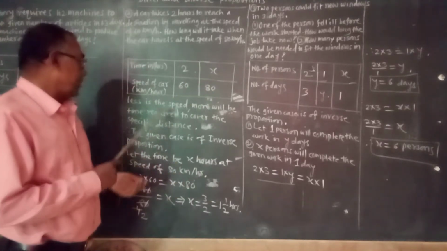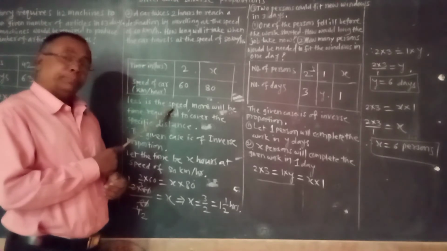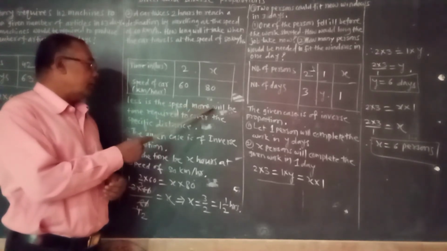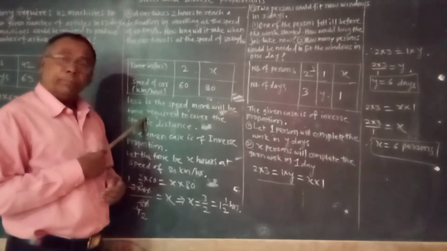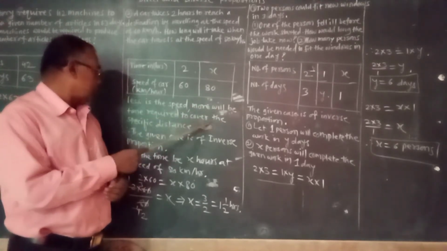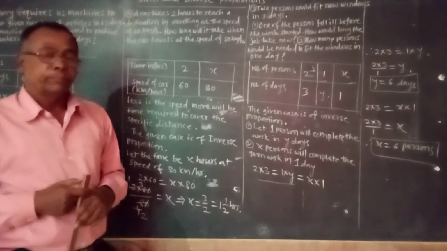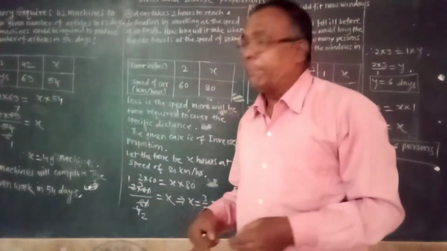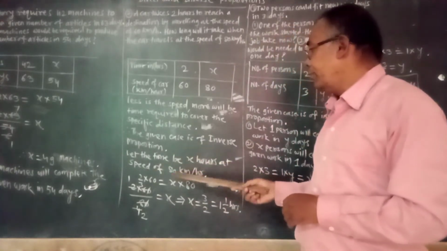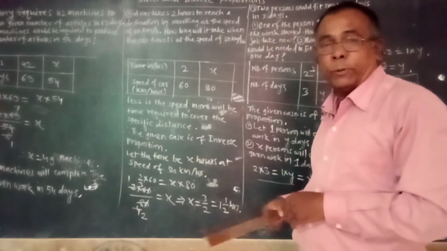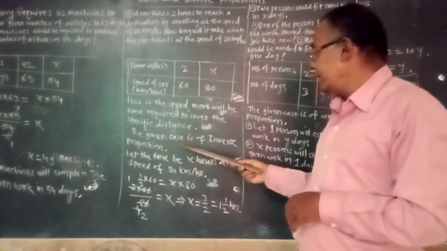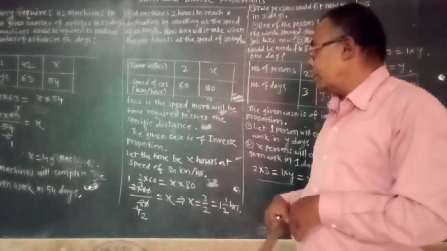So here less is the speed, then more will be the time required to cover the specific distance. Here this is the case of inverse proportion.